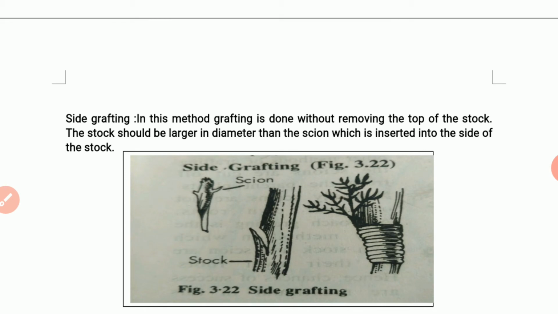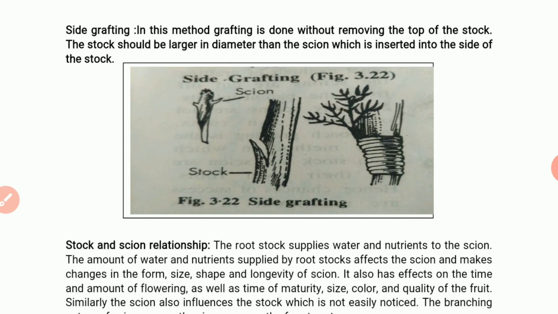Okay, so the last type of grafting is side grafting. In this method grafting is done without removing the top of the stalk. The stalk should be larger in diameter than the scion, which is inserted into the side of the stalk. Here we can see again the size of the scion is smaller than the stalk.